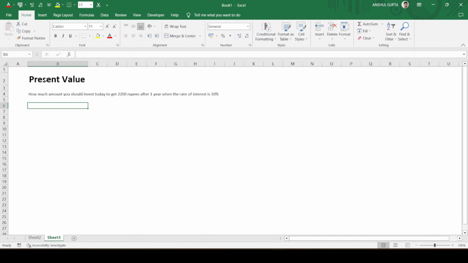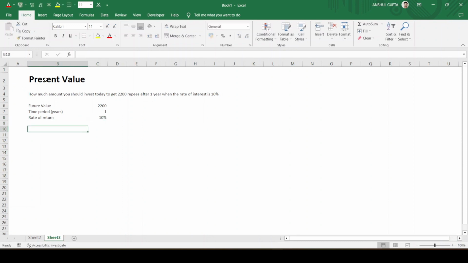So first of all, let's type in what all information we have. We have future value, that is 2200 rupees, and we have the time period as well, that is in years. So we have a time period of 1 year, and we have also been provided with the rate of return or the interest component, that is 10%.